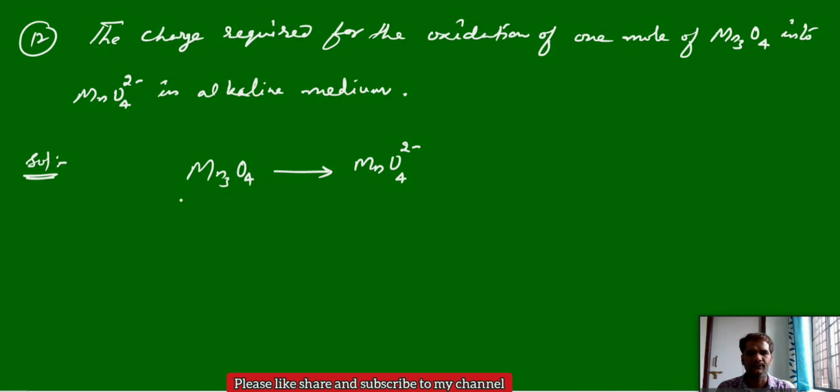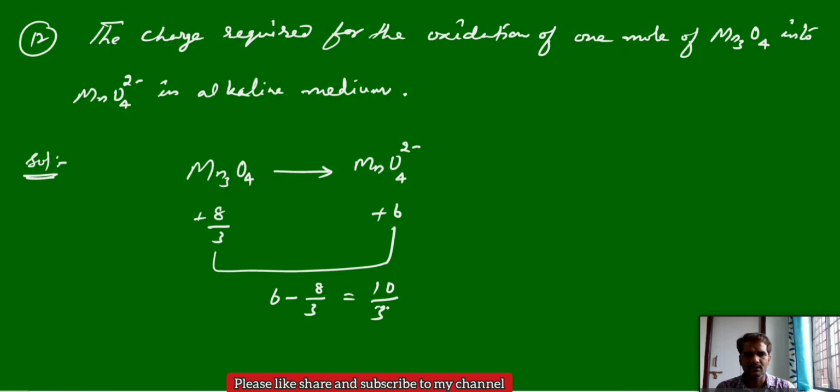Just calculate the n factor. What is the oxidation state of manganese? Plus 8/3 in Mn3O4, and plus 6 in MnO4 2-. Now you see the change in oxidation state. 6 minus 8/3 is 10/3. There is a change in oxidation state of 10/3, but 1 mole of Mn3O4 contains 3 manganese.